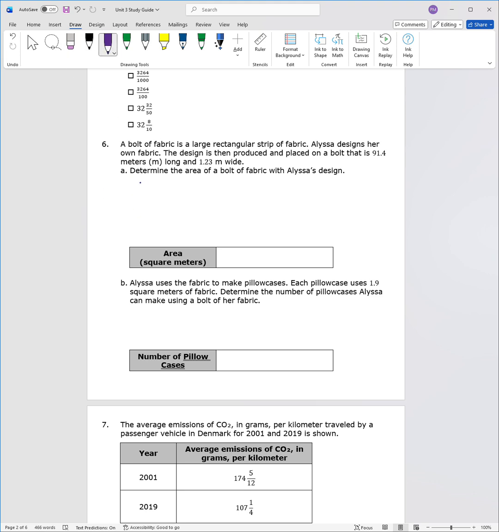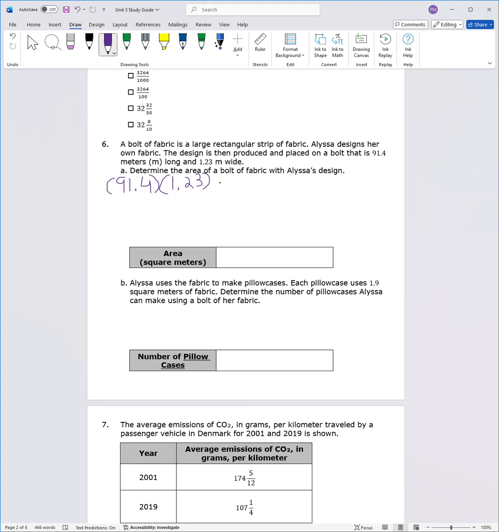We take these two measurements and multiply them: 91.4 multiplied by 1.23.